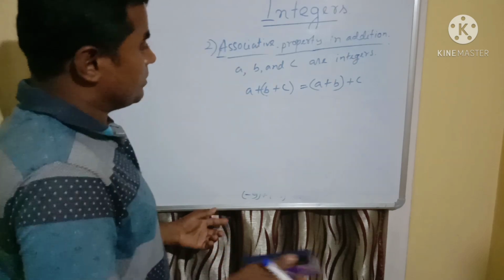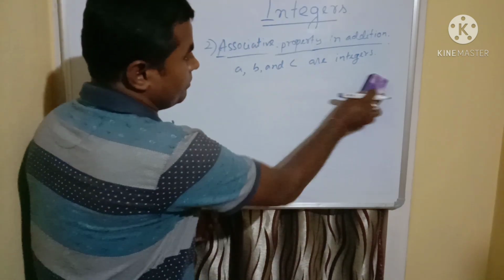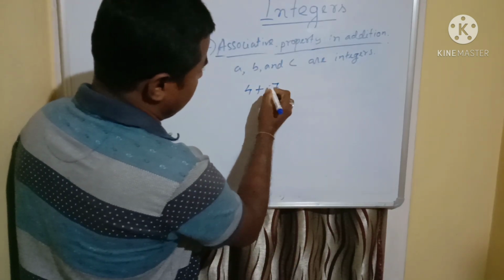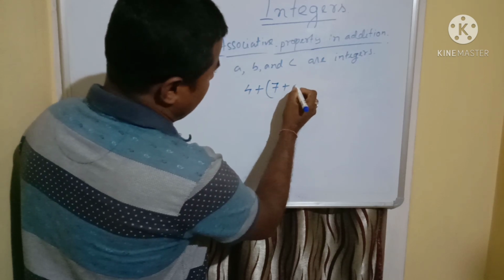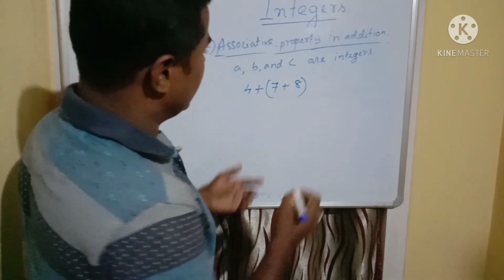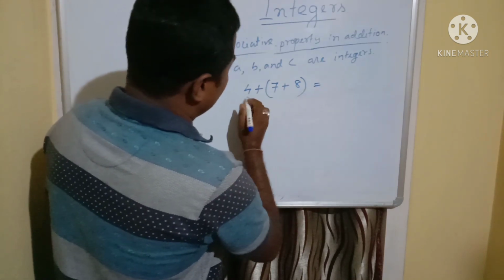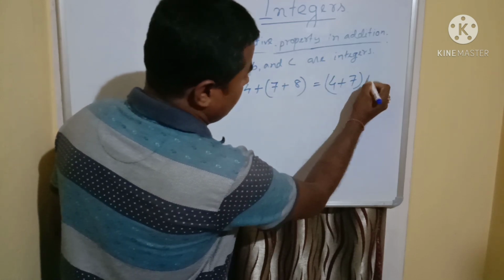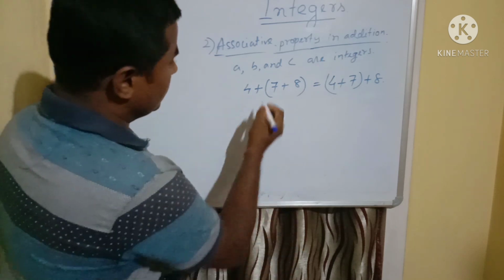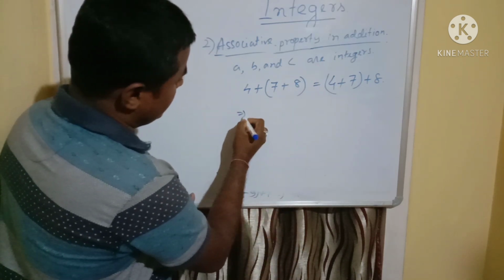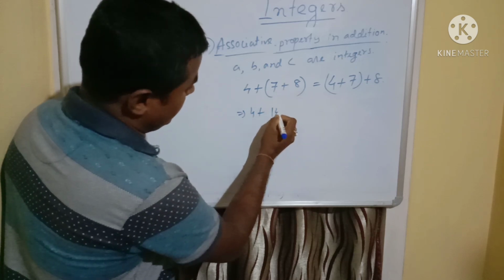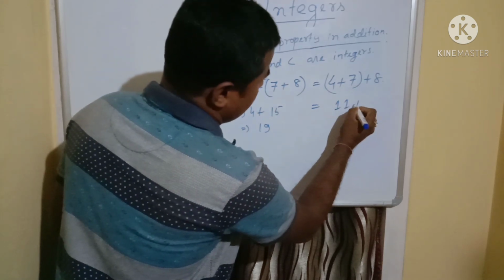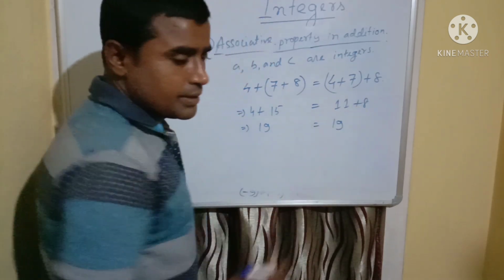Now take some integers in place of A, B, C. 4 plus (7 plus 8) equals (4 plus 7) plus 8. Here 7 plus 8 is 15, and 4 plus 15 becomes 19. Here 4 plus 7 is 11, plus 8 is 19.